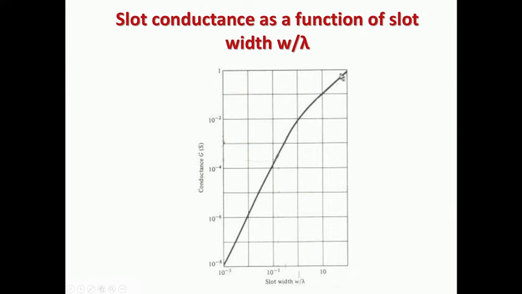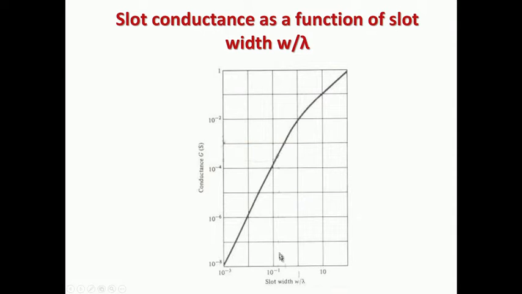You see this graph, this is the slot conductance as a function of slot width. For a wide slot, let us say W is equal to 10 lambda, the conductance is roughly 0.5, so the radiation resistance will be 2.